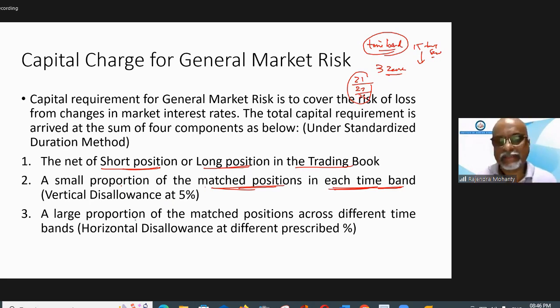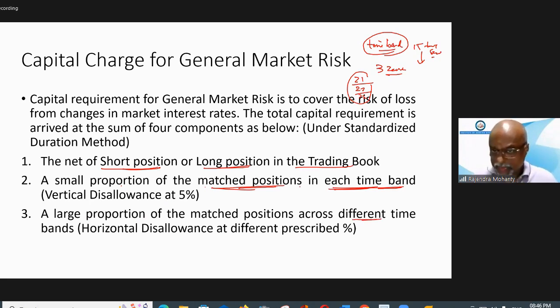The third thing is a large proportion of the matched positions across different time bands. Whenever there is no equal time band, whenever there is a different time band, the horizontal disallowance has to be calculated, and that is prescribed at different percentages as given by RBI.